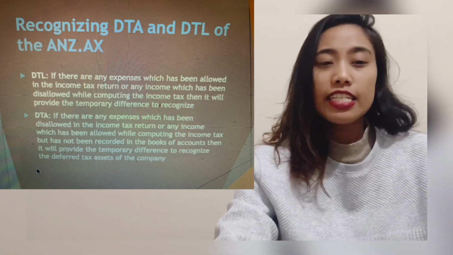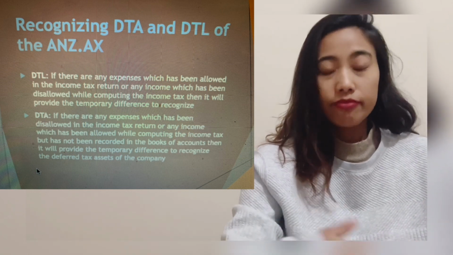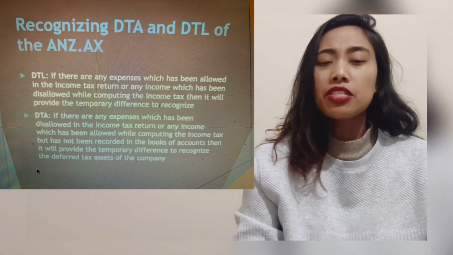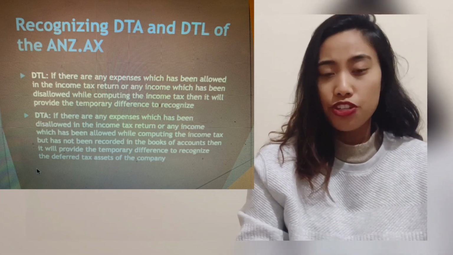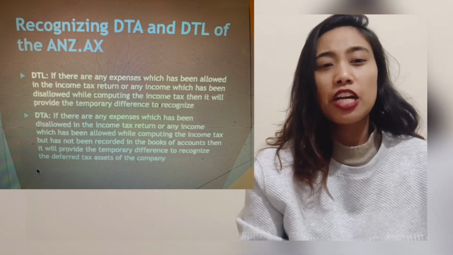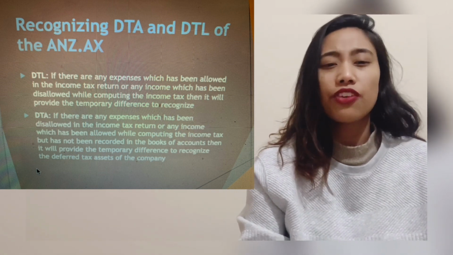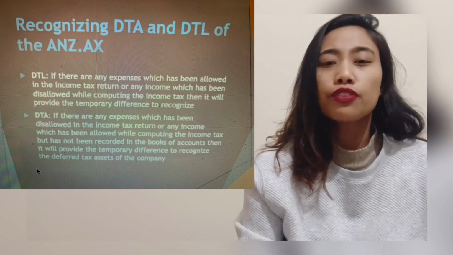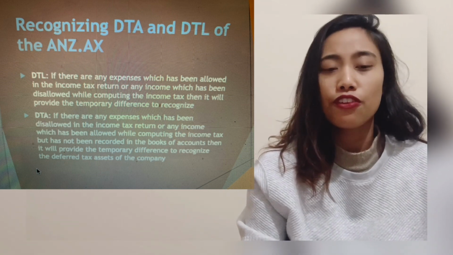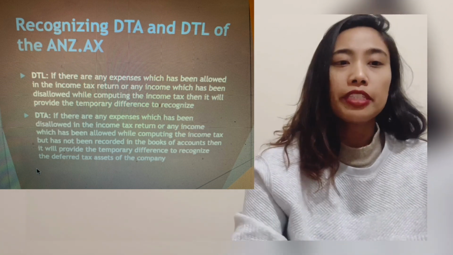Likewise, DTA is related to the expenses which have been disallowed in the income tax return or any income which has been allowed while computing the income tax but has not been recorded in the books of accounts, then it will provide the temporary difference to recognize the deferred tax assets of the company.